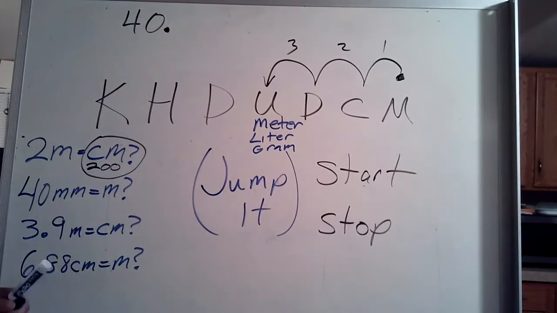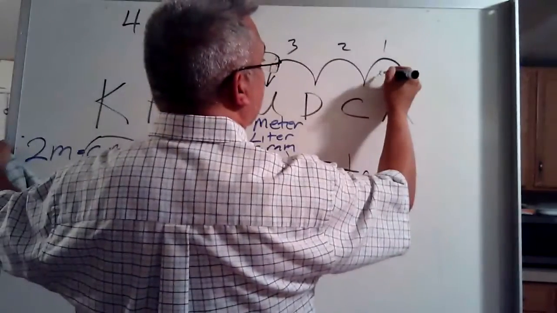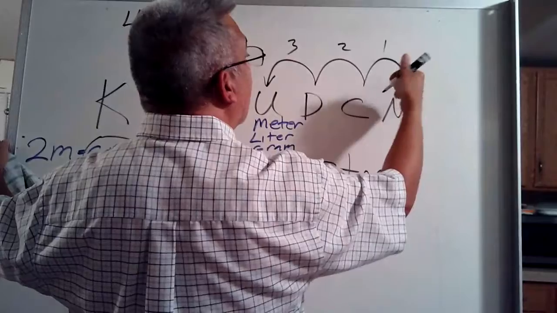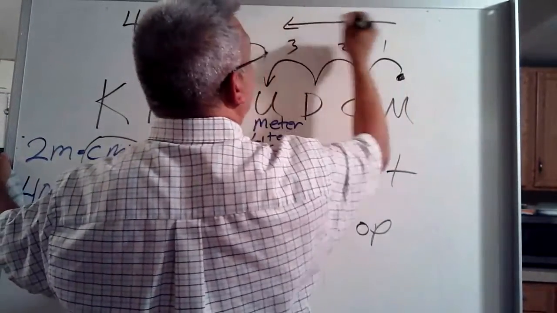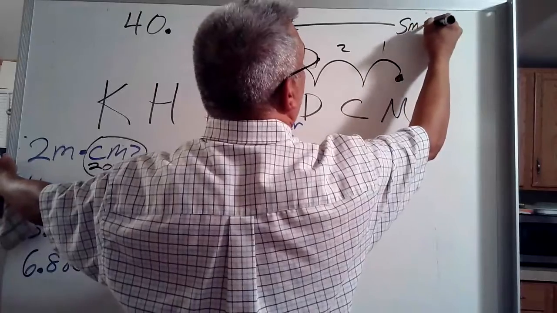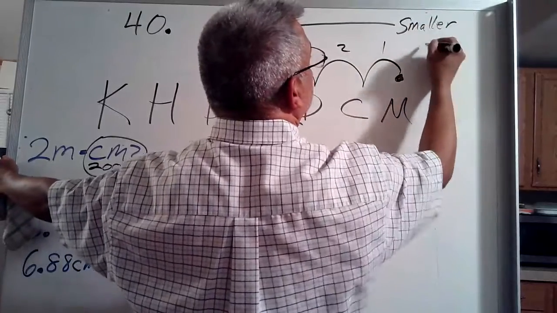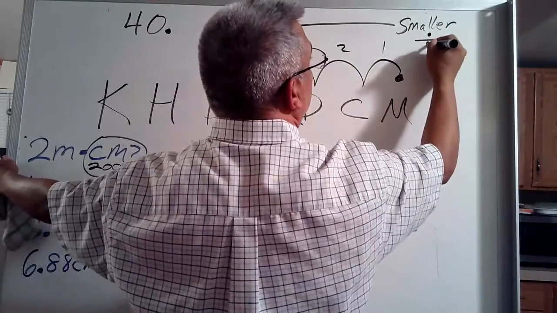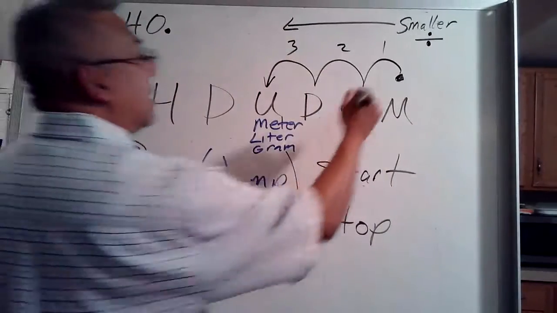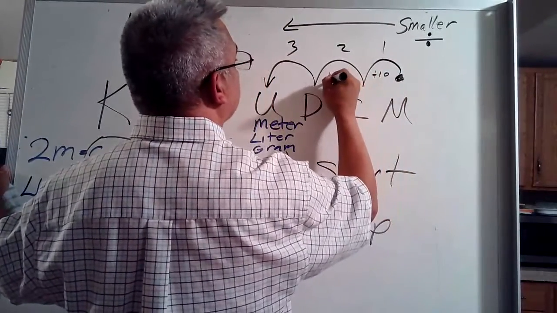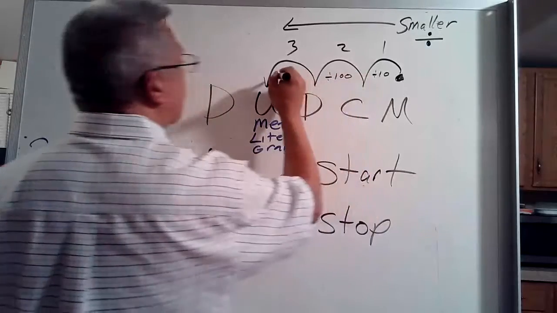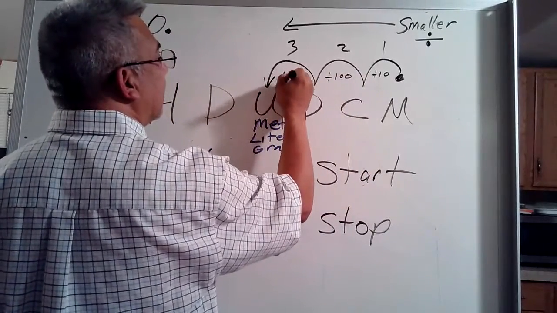And we jumped 3 in that direction. This is divide. We're going in that direction, which means my numbers are getting smaller because of division. So this is divide by 10, divide by 100, divide by 1,000.